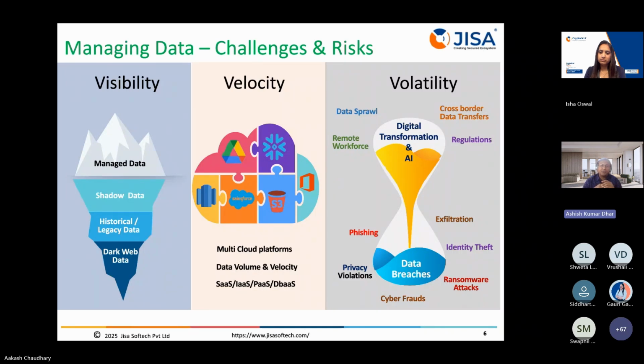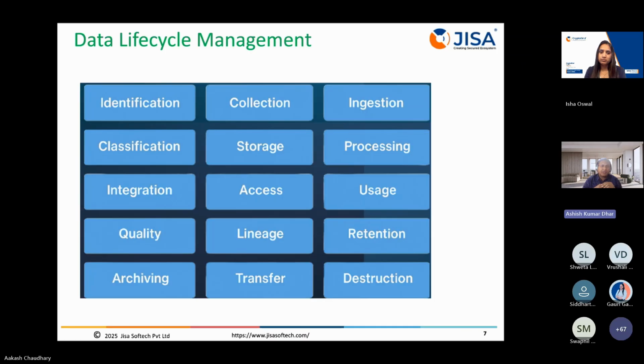So if you can just quickly move to the slide, I will start talking about the different parts of how a data lifecycle should work, right? The rule talks about all of them. It talks about when you are collecting data, you should go through certain guidelines, right?